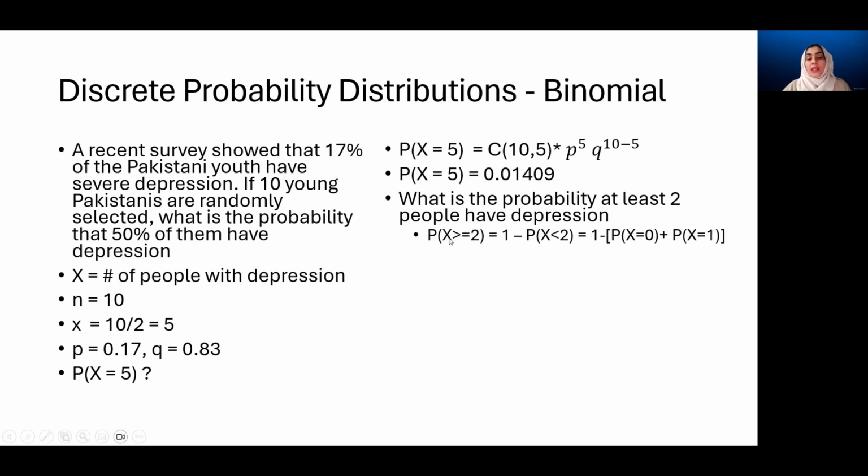Here, P of X greater than or equal to 2 can be computed using the law of complement, which is the same probability as 1 minus the probability of the number of people having depression being less than 2. This is the complement of the condition of X being greater than or equal to 2.